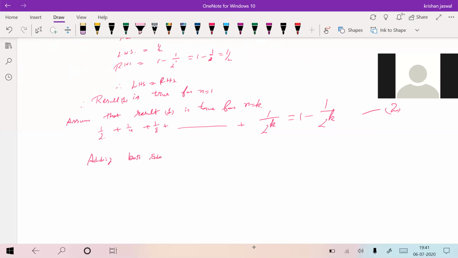Adding 1 over 2 power k plus 1 to both sides.